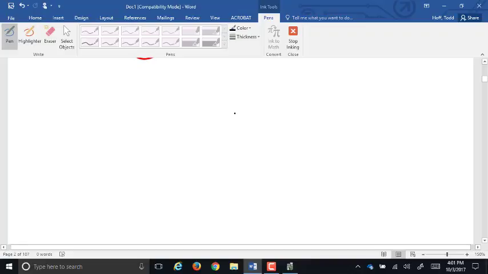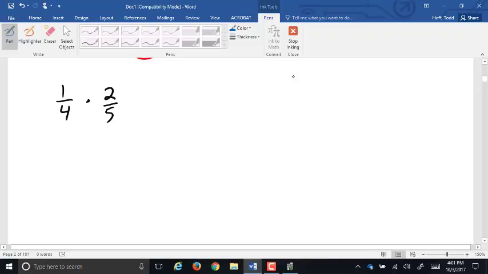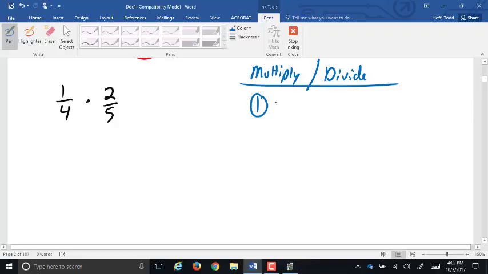Next, we're going to look at multiplying. 1/4 times 2/5. Now, multiplying and dividing, if you recall, first of all, we do not need the same name.